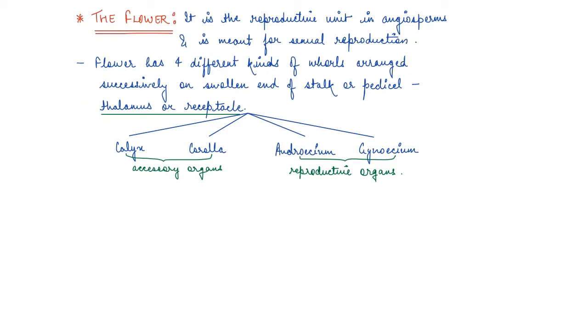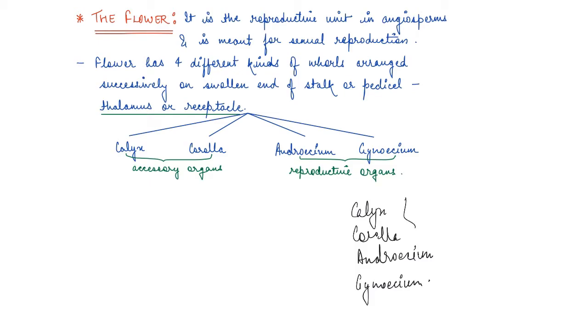Okay, now this thalamus or receptacle has four different kinds of whorls, and these whorls are calyx, corolla, androecium, and gynoecium.